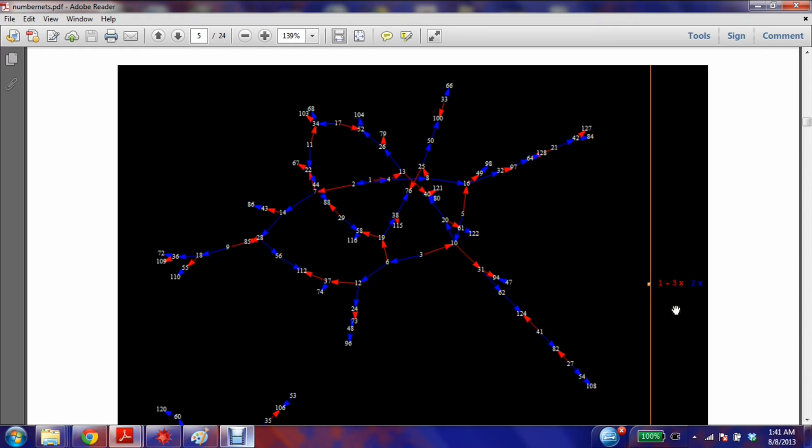And the blue arrows here represent timesing by 2.